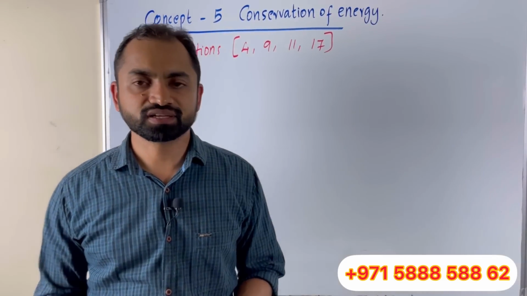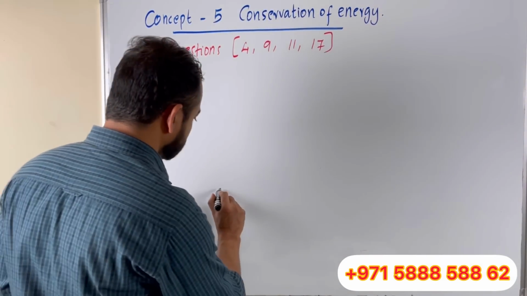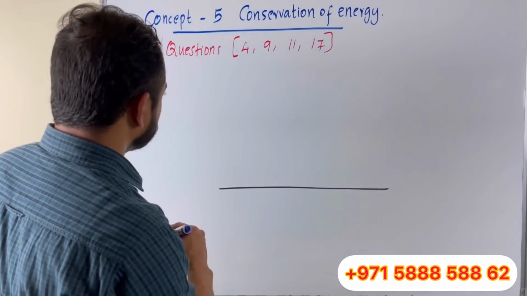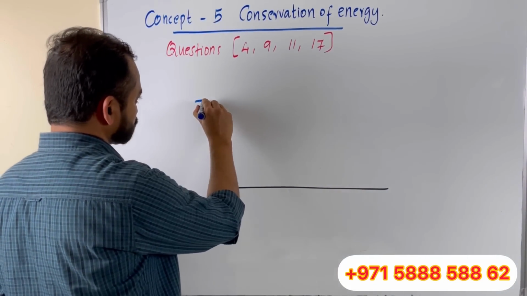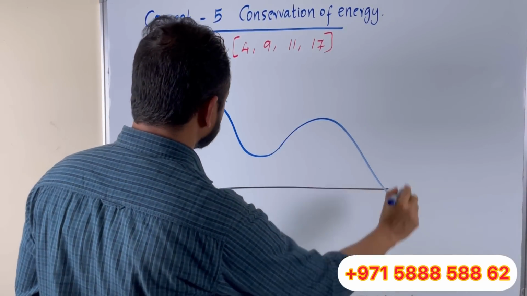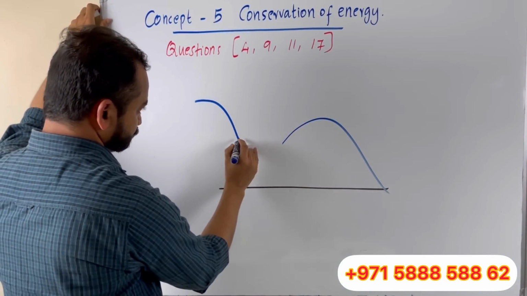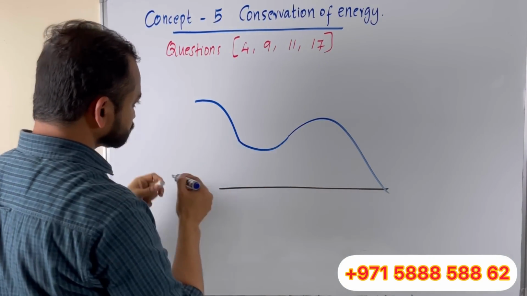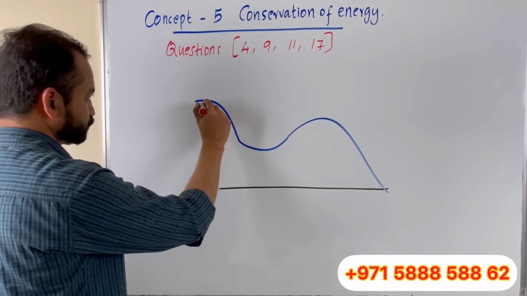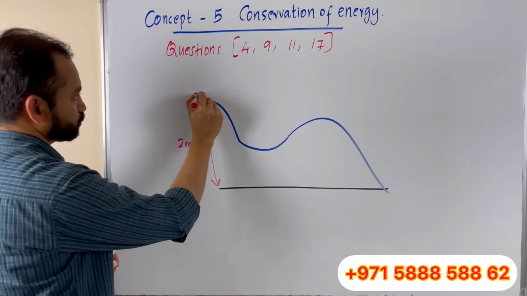Now we will take the example of a roller coaster ride. Again, this is our ground, and here we have a toy roller coaster ride, like this. This is at a height of 2 meter, and here we have a toy car.